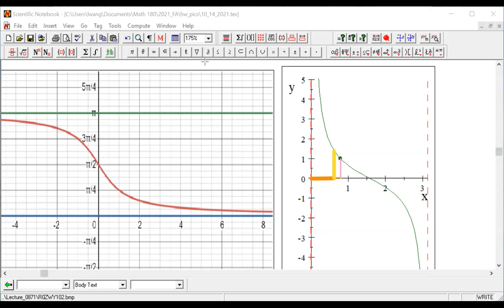The actual number doesn't matter. We are experiencing that this is pi over 6, and the yellow one is root 3.